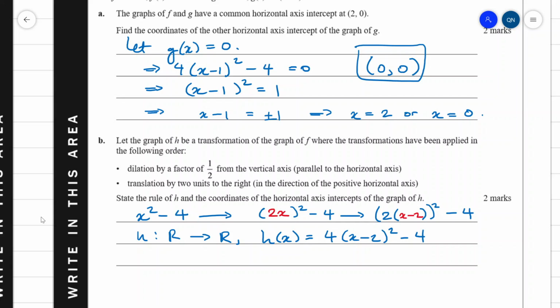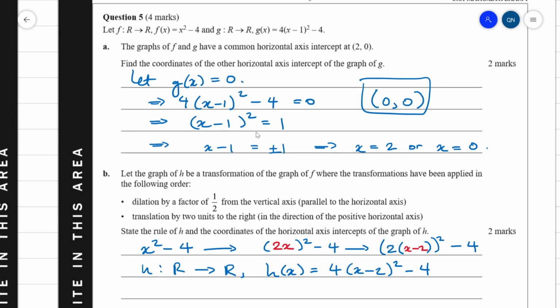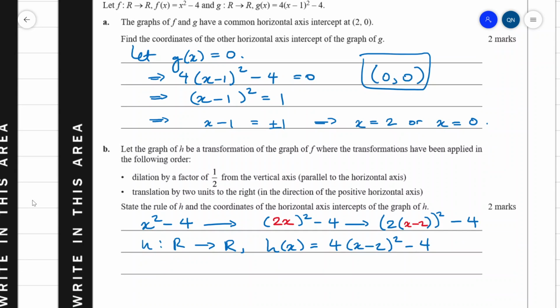Okay, so that's nice. Now, because we know the x-intercepts of the graph of g, it's (2, 0) and (0, 0), and we know how to get to h from g, we just shift things to the right. We're just going to add 1 to each of those x coordinates. Right, so let's be clear about this.